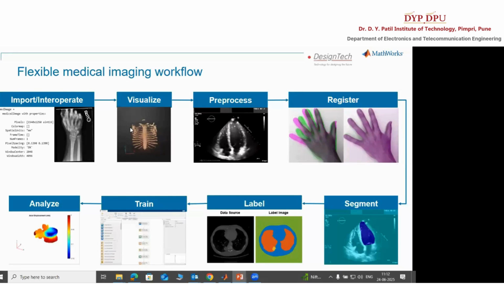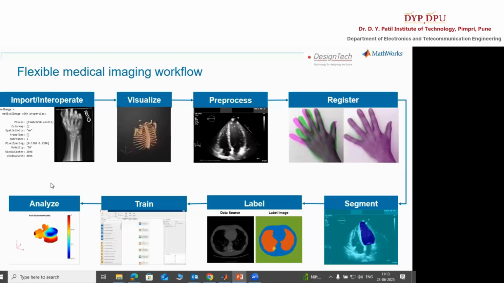I would suggest that each point is itself a one-day discussion. Visualization alone takes more than a day to understand fully, then the pre-processing part, and training itself is a very big topic: the different layers, how to train, and so on. Labeling also takes time. So I will quickly summarize the things and how we can do that. With the help of MATLAB we can do it very quickly.